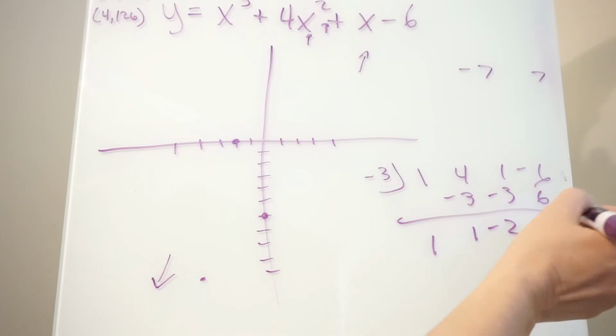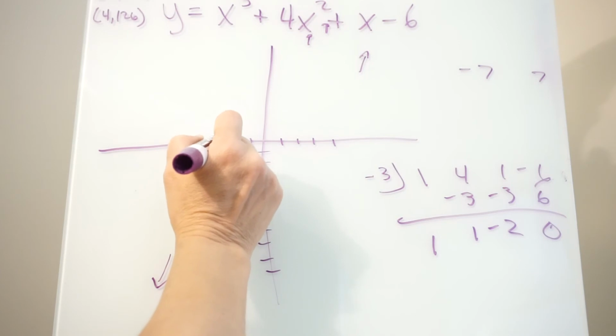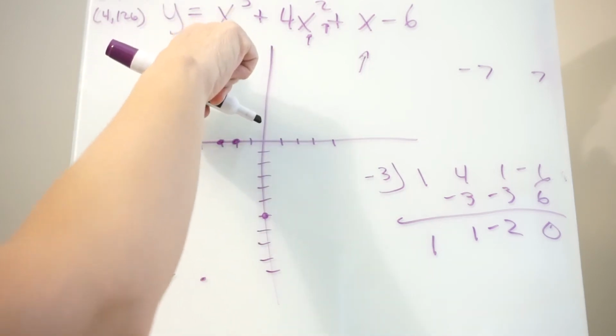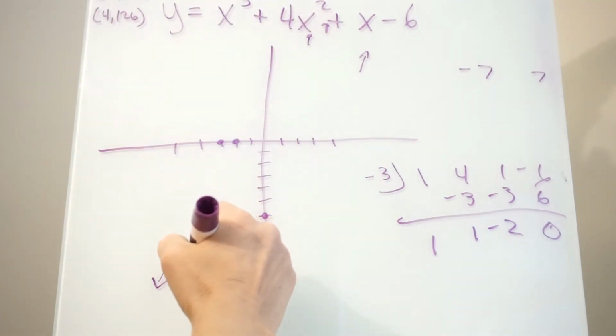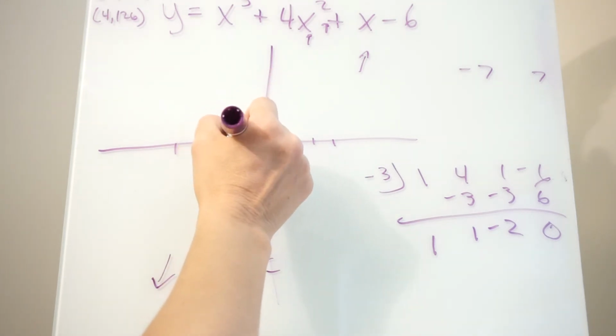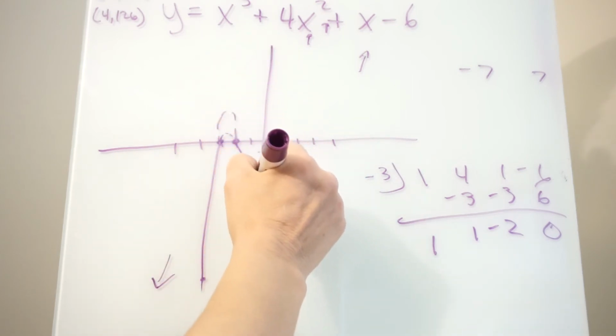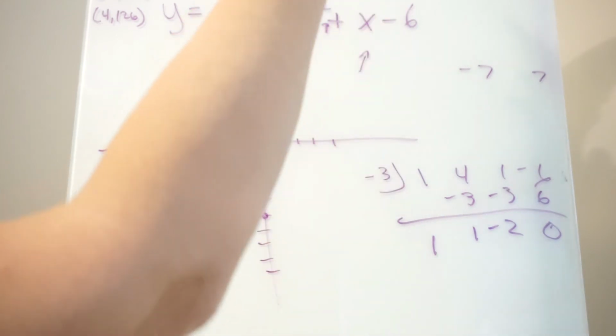There we go. We found another 0. So -3, 0. All right. Now we know that we have 2 turning points. So obviously it must turn somewhere in here. So this is going to turn somewhere there. This is going to come up. We're going to turn somewhere. This is going to come down. But then we need to come back up.